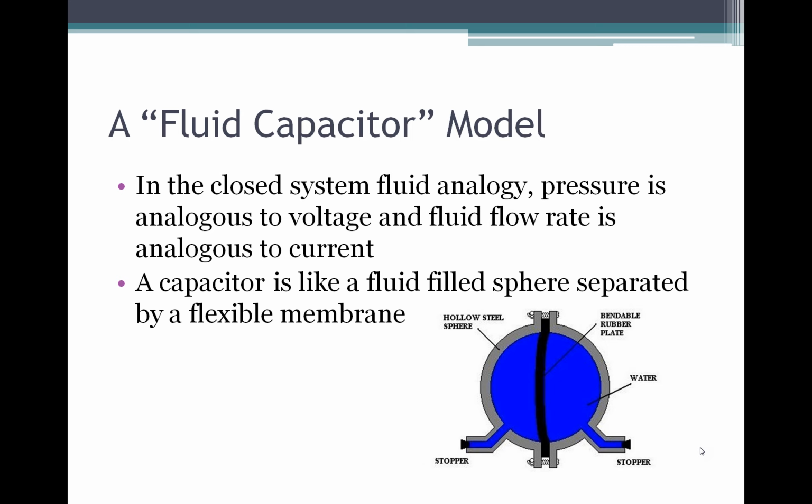So a capacitor acts like this fluid-filled sphere, and this sphere happens to be separated by this flexible membrane. Okay, so we have a hard sphere or hard tank, and then we have this rubber plate or bendable plate in the middle of this.